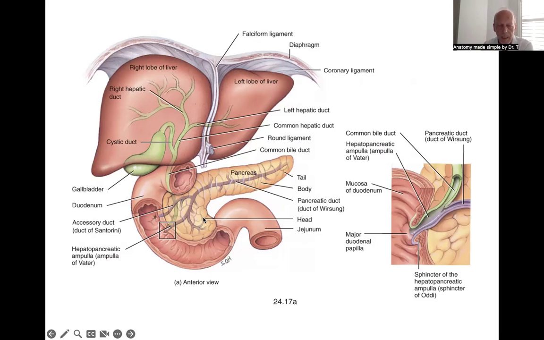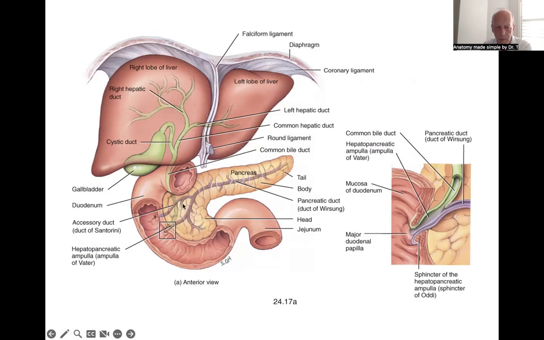Pancreas, as a gland, is relatively simple to define and to describe, speaking about its anatomy. We have its largest part, which is called the head, fitting very intimately into concavity set by the duodenum. And there is a part of the head which is a little bit more in the shape of a hook, and hence it's called the uncinate process, although it is not marked on this diagram.